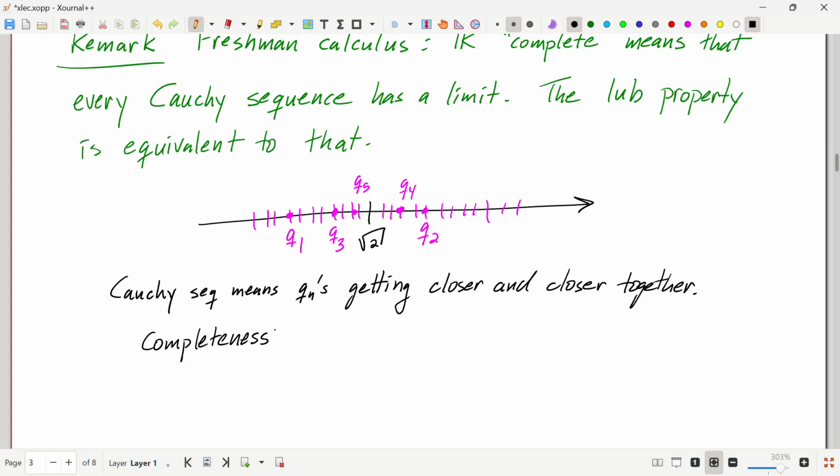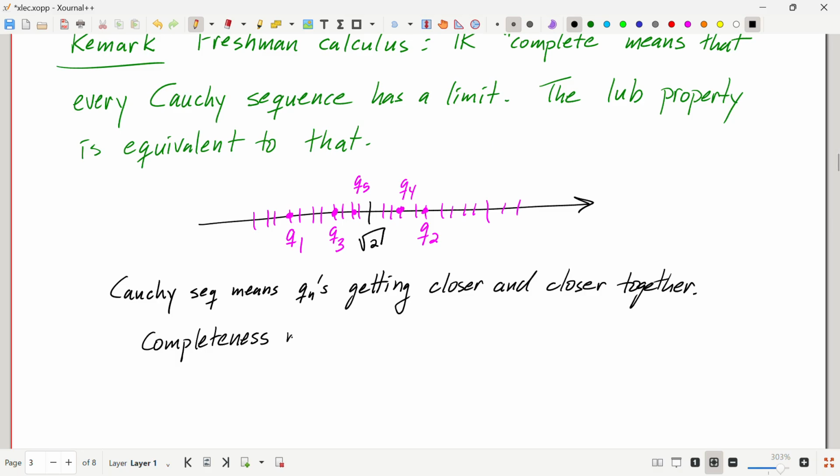That's how I would use today's material to show that this sequence has a limit. Sup for the left-hand side ones and inf for the right-hand side ones. The fact that they're getting close together means that those two numbers would have to be the same, and they'd be the square root of 2.